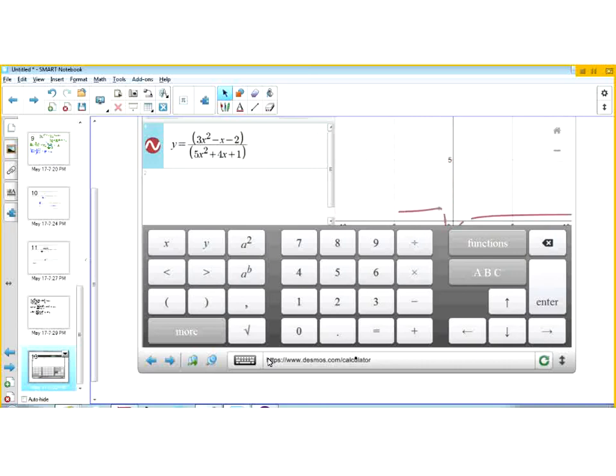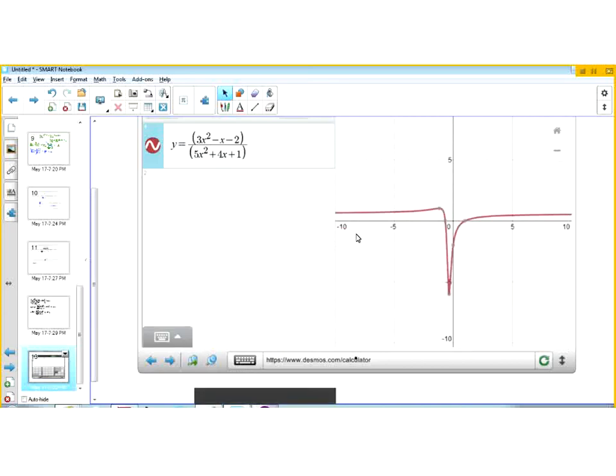All right, so here's the graph of the function. It's this rather peculiar shape function, and it appears to be continuous for all values of x.